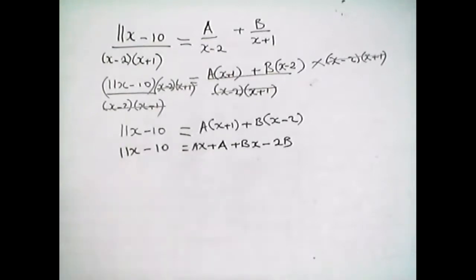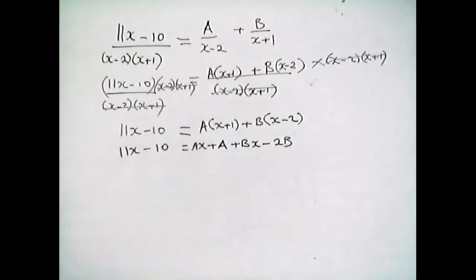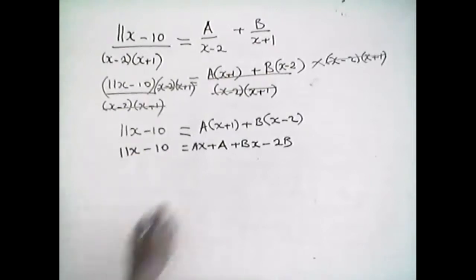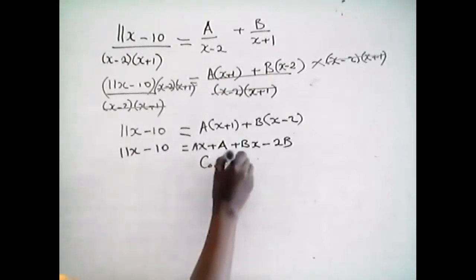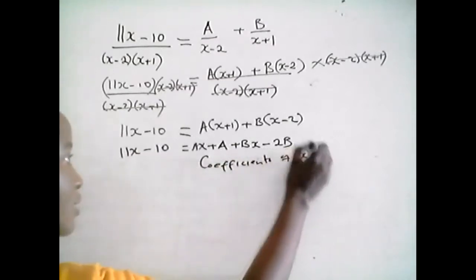We write it the way it is. So what we've reached now, what we are going to do next is identify the coefficient of x on both sides.